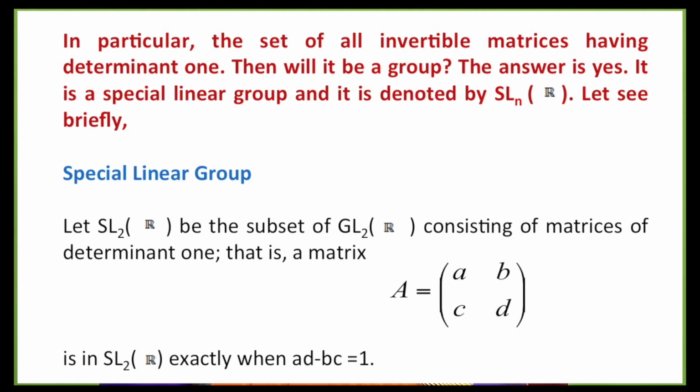Let's see briefly the special linear group. Let SL2R be the subset of GL2R consisting of matrices of determinant 1, that is, a matrix A equals (a, b; c, d) is in SL2R exactly when ad minus bc equals 1.